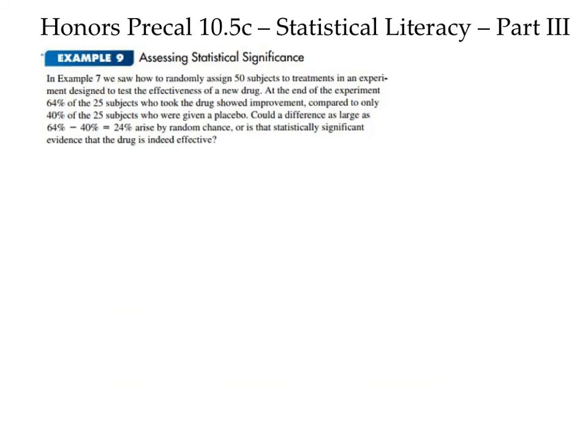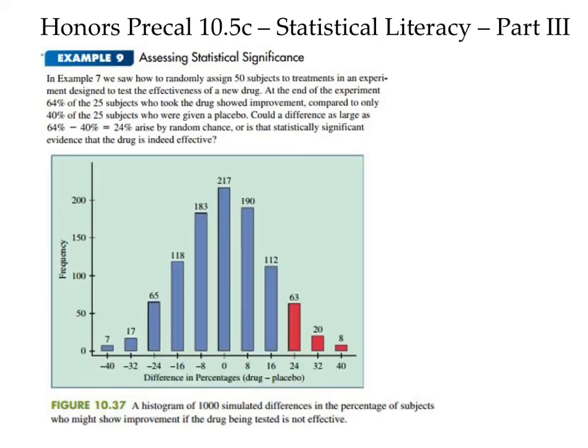So the authors say that they ran the simulation for 1,000 trials and put the information together in a histogram. In the original experiment, there was a 24% difference between the 64% in the drug group and the 40% in the placebo group, and we wanted to know if that indicated the drug was successful.